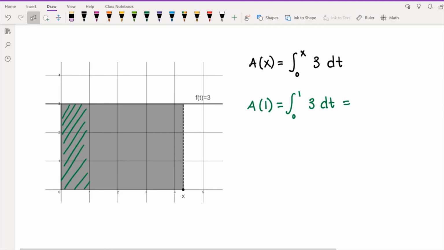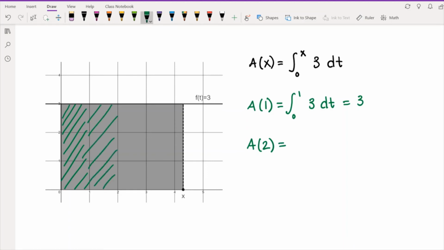And just by looking at this picture, we can see that that's 3, right? Because we'd have a base of 1 and a height of 3. What about a of 2? So how would we find a of 2? Well, that would now be the area from 0 to 2. So that would be the integral from 0 to 2 of 3 dt. And we can see from the picture that that area is equal to 6. So simple enough to actually just evaluate point-wise.